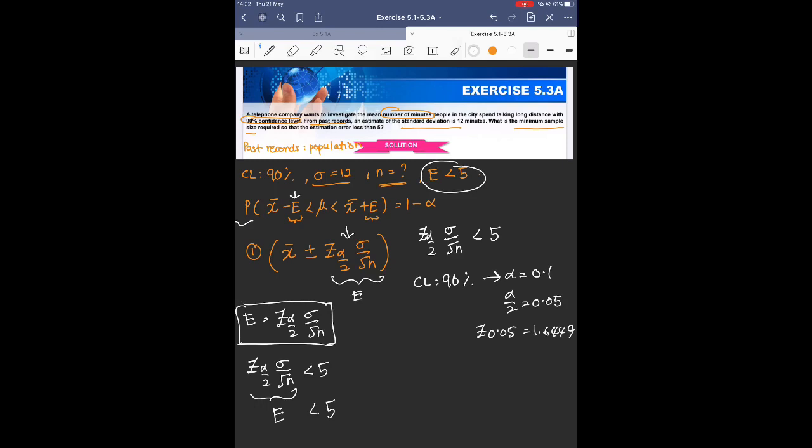Substitute all into the formula. So we will get n is greater than 15.5848. So n is 16.